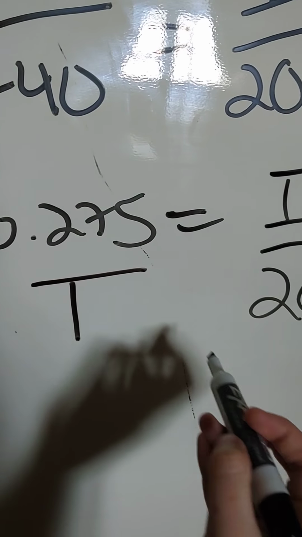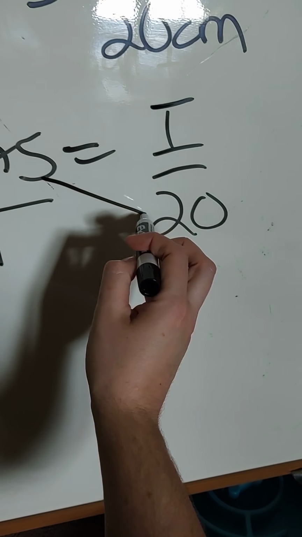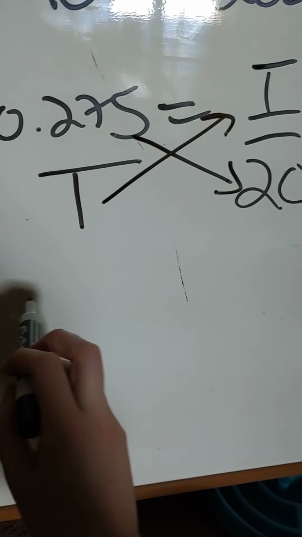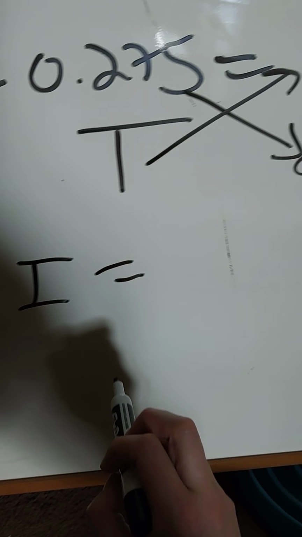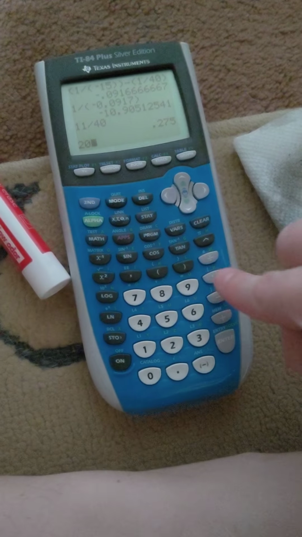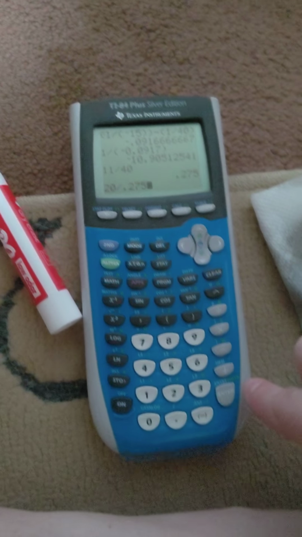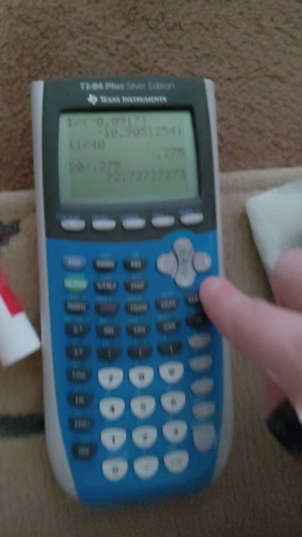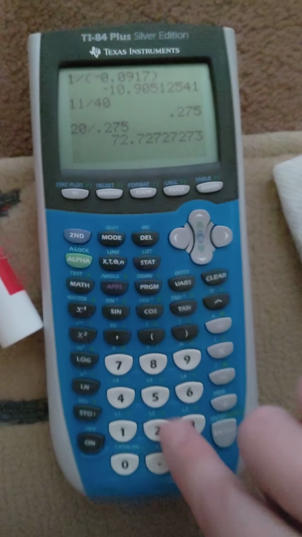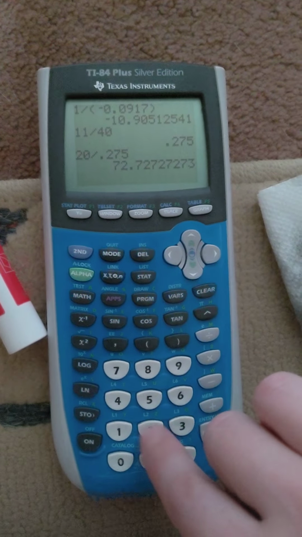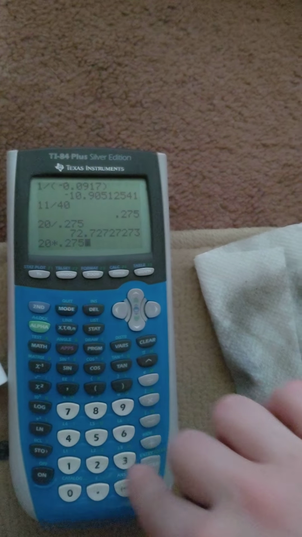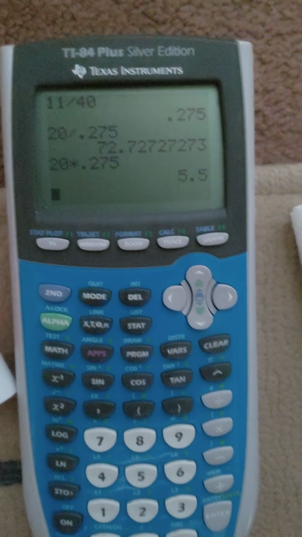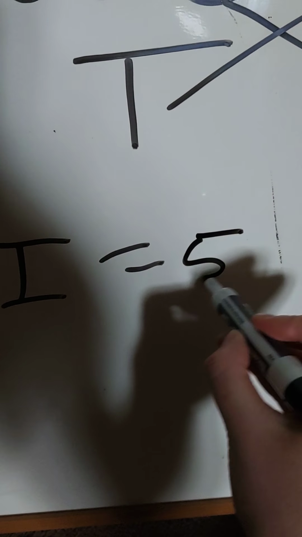If you throw this over a 1, you cross multiply, boom, boom, becomes I equals 20 times 0.275, not divided by. See what I did there? I know that is very wrong. 5.5. Image size is about 5.5 centimeters.